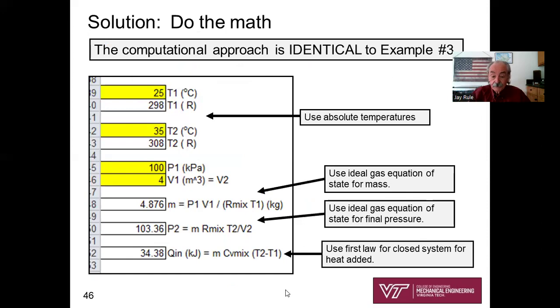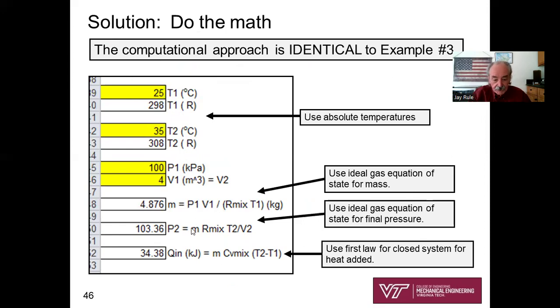Now we can do the math easily. It is a reprise of what we just did in the previous problem that you can do in your sleep. Use absolute temperatures, use the ideal gas equation of state to find the mass. This is a slightly different example problem, so we get a different numerical result: 4.9 kilograms.